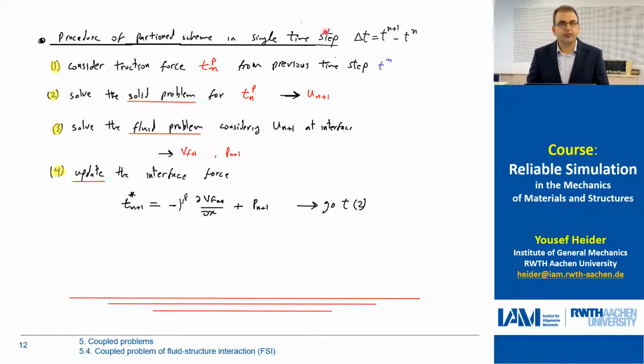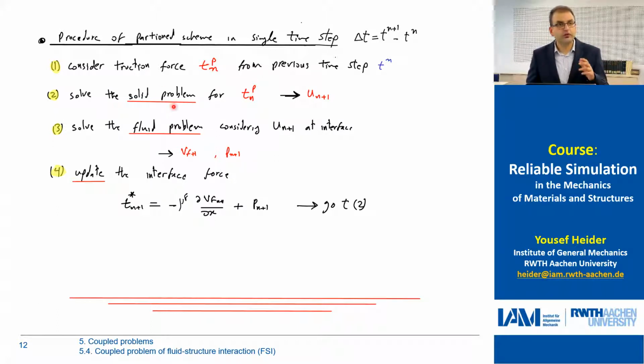So at each time step delta t, which is Tn plus 1 minus Tn, we consider the traction force from previous time steps. We start with some known quantities, either at the boundaries or at the interface. We call them previously a predictor or prediction values.